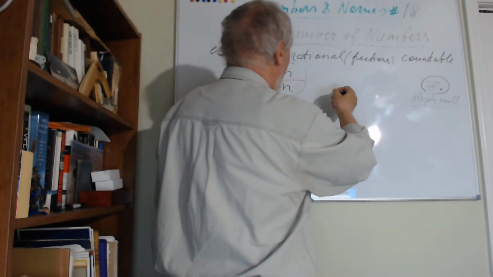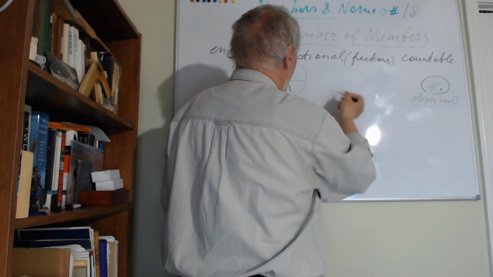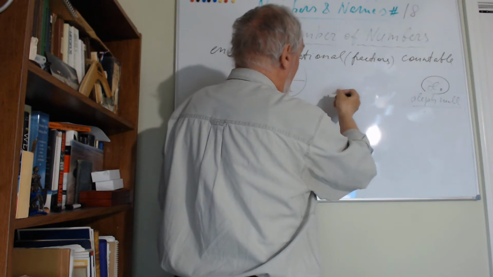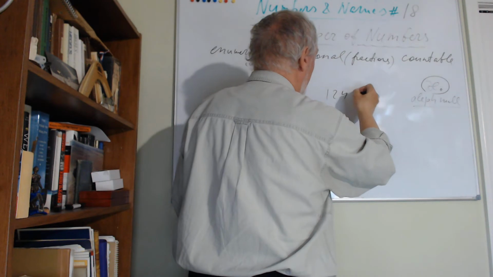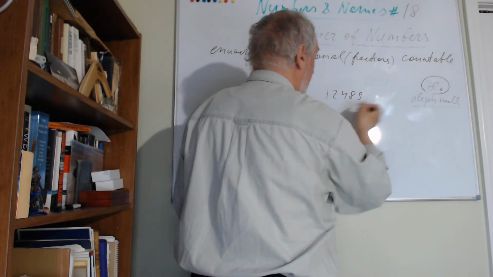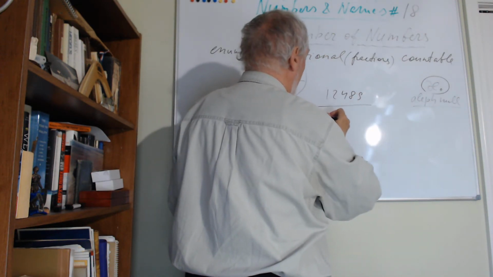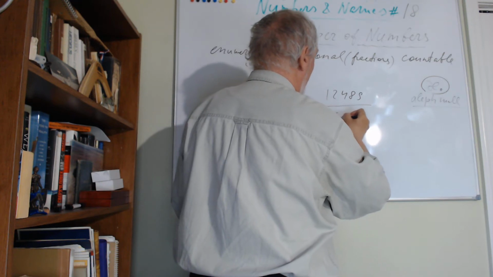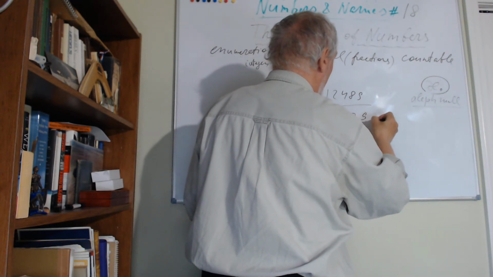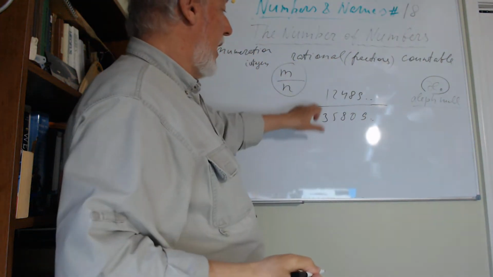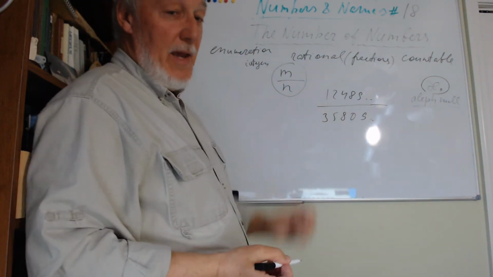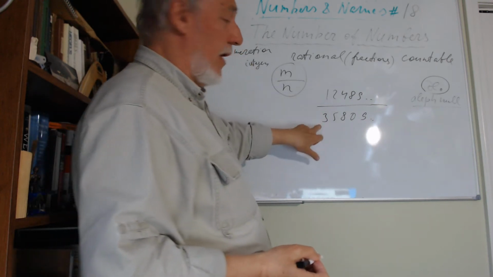Let's try this. M and n, right? For example, m is maybe 1, 2, 4, 8, 9, some number, right? And here we have another number, 3, 5, 8, 0, 9, whatever. You have a pair of numbers, up and down, right?